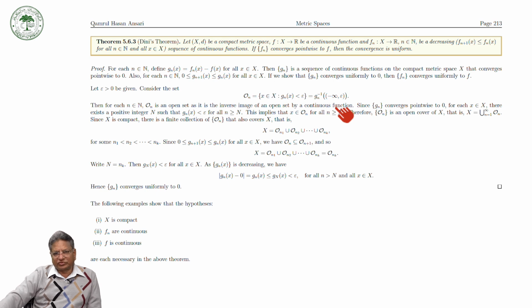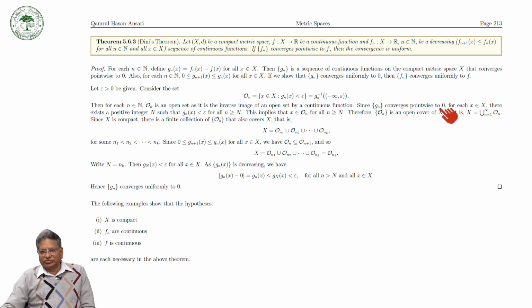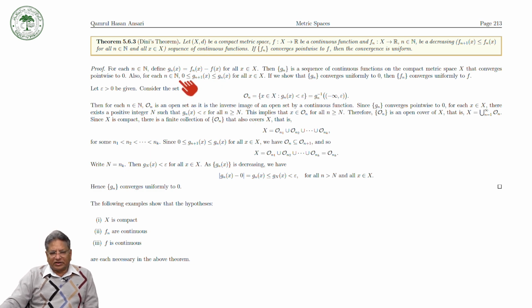Now since Gn converges pointwise to 0, for each epsilon and for each point x in X, there exists a positive integer N such that the absolute value of Gn(x) minus 0 is less than epsilon for all n greater than N. And this implies that x must be an element of On from the condition Gn(x) less than epsilon.